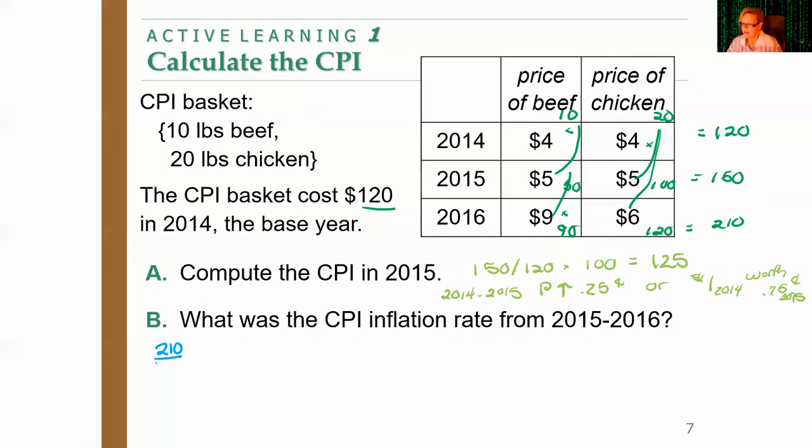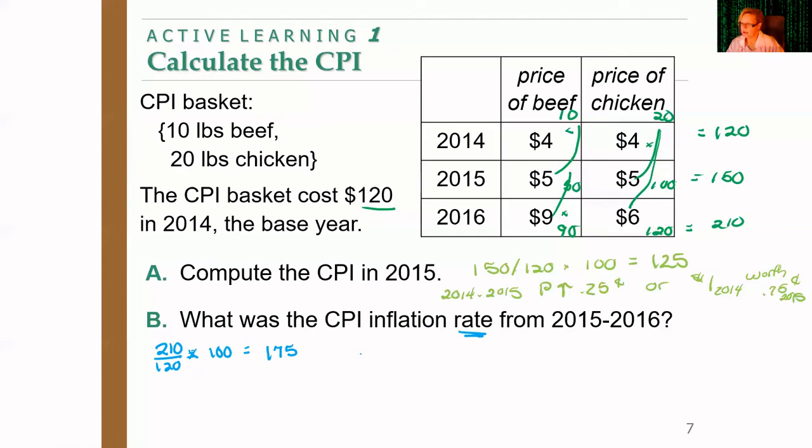And I'm going to divide that by the base because I need to get the consumer price index, right? 210 divided by 120 times 100 is 175. So 175 basis points. So I want the rate now.